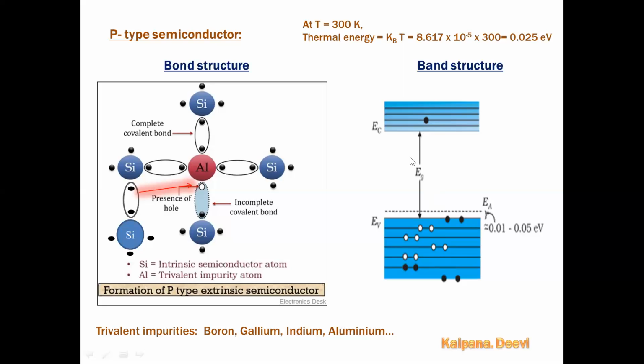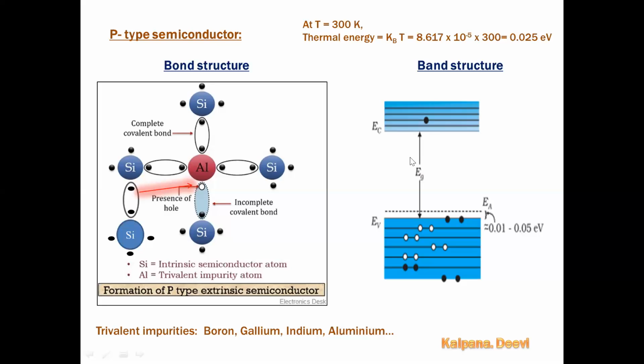Now, in this video, first I explained the formation of energy bands in a material, and after that the types of semiconductor. First, intrinsic semiconductor. In an intrinsic semiconductor, the number of electrons in the conduction band is equal to the number of holes in the valence band. Intrinsic semiconductors are pure semiconductors. Examples are silicon and germanium.